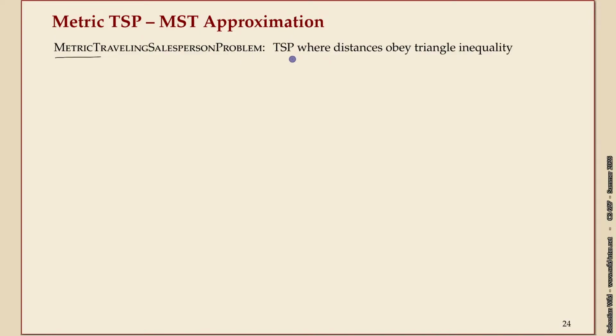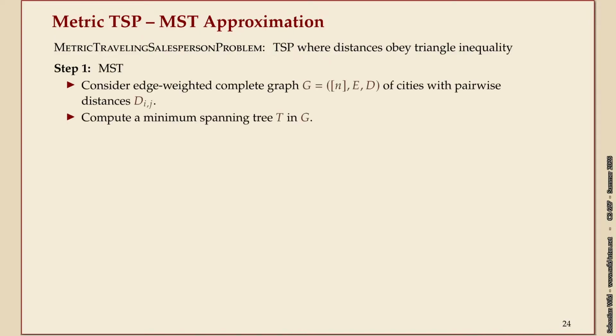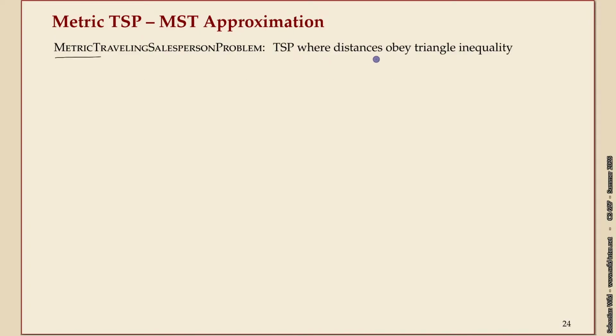If you place this restriction on the distances, then we can do something. And maybe the intuition, why does the triangle inequality help us in any way? That might not be so obvious if you haven't thought about it a bit. Let me draw some example.